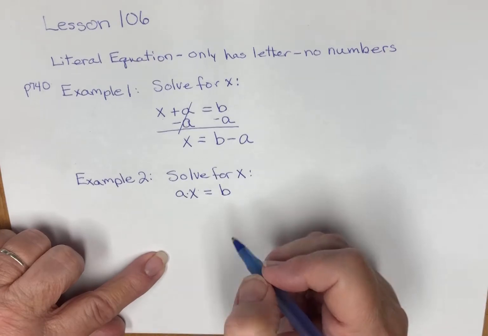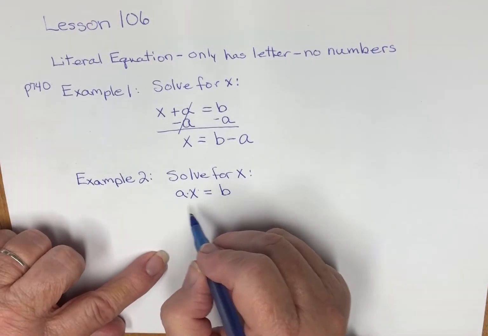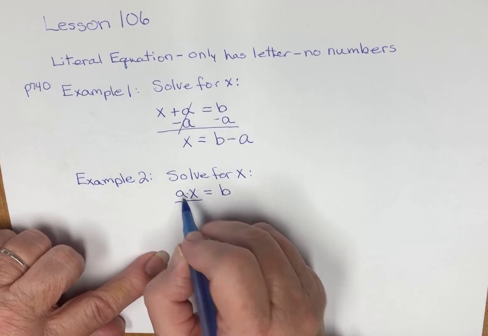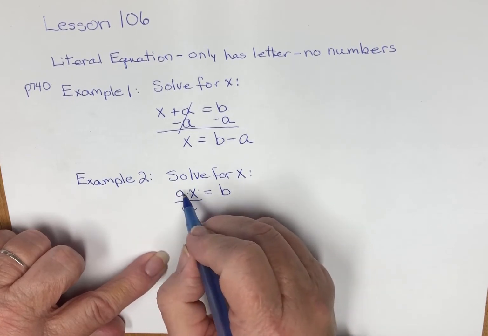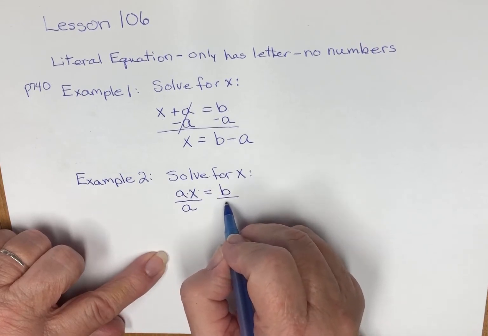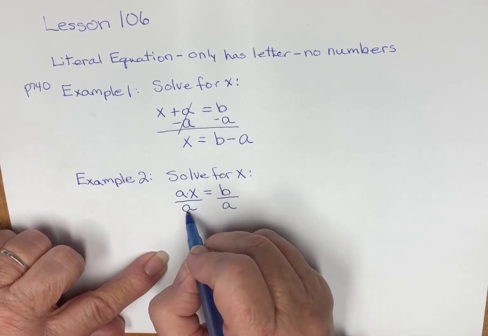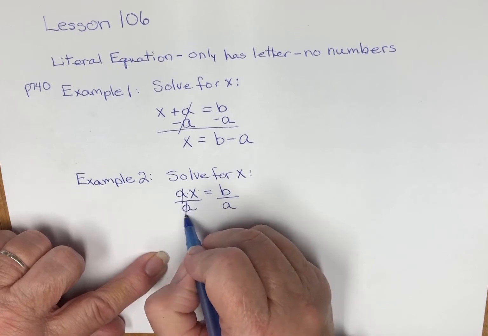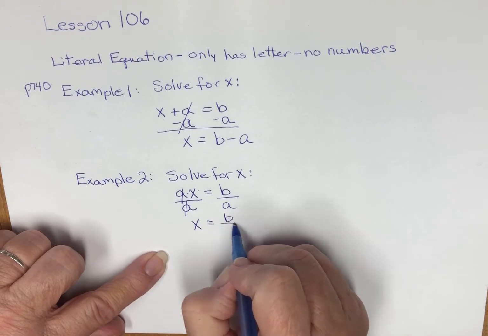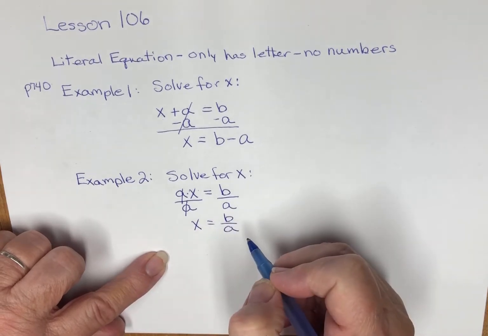A times x. So if we had 2x equals 6, we would just take this and divide by the number in front, and that's what we're going to do right here. A over a is equal to b over a. So a over a is equal to 1. These cancel. So we have x is equal to b divided by a, and that's just our answer.